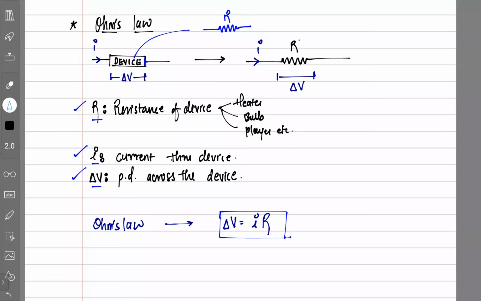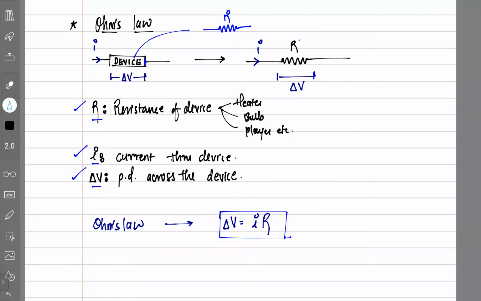What is the difference between potential difference and current? See, what does potential difference mean? I'll tell you. Potential difference is basically that factor because of which charges flow from one point to the other point.